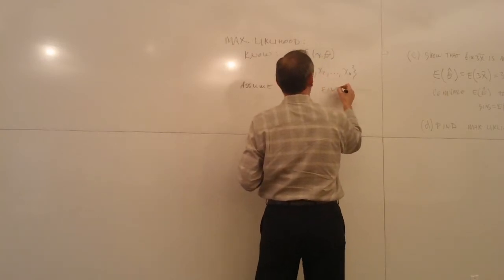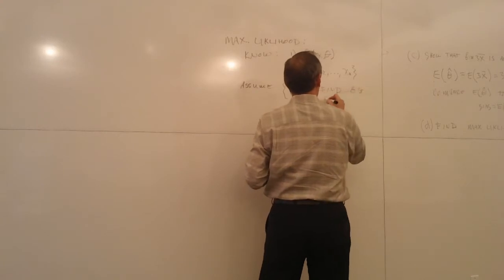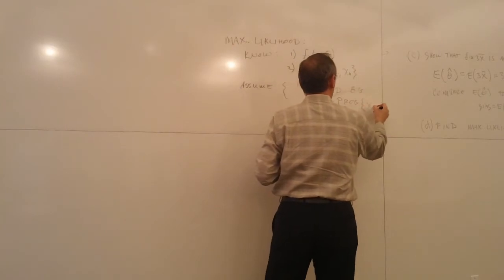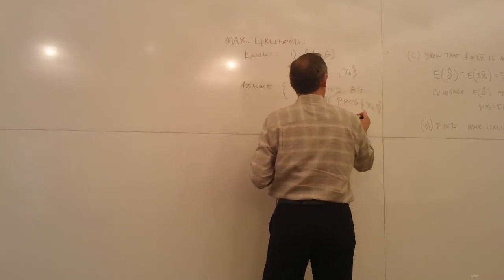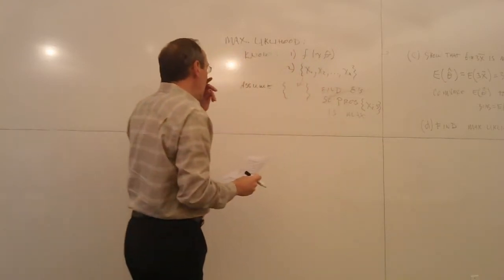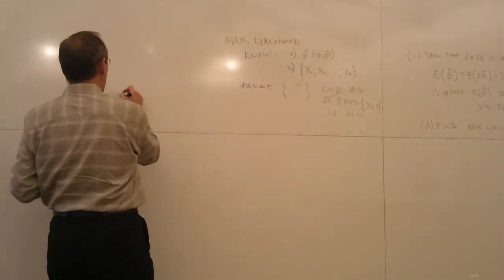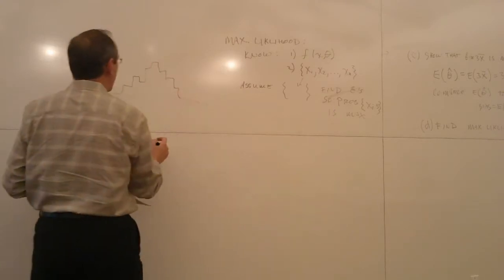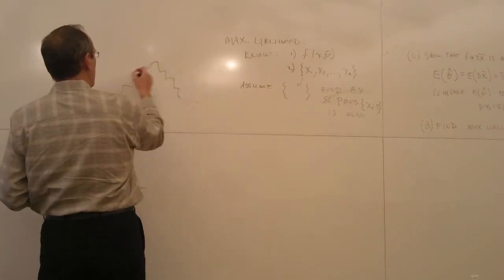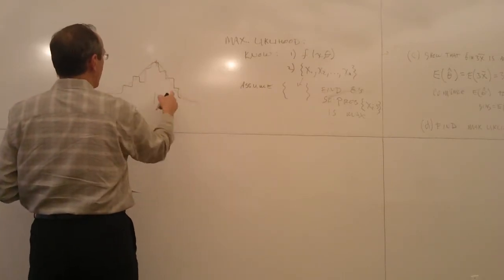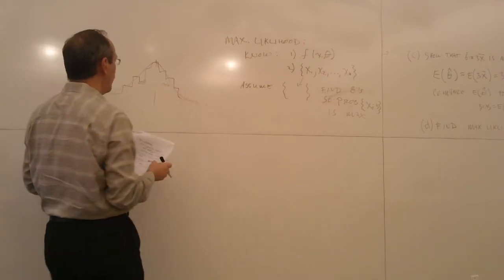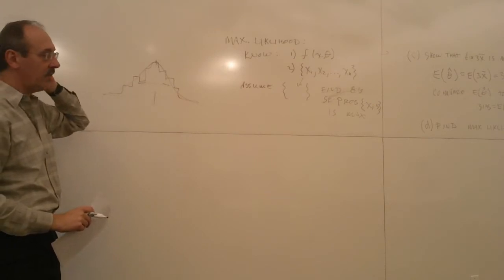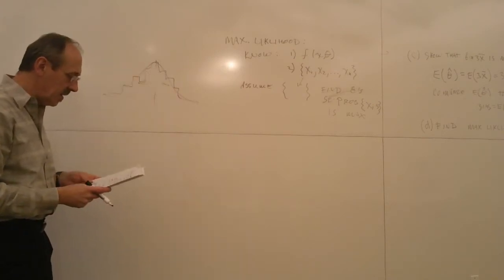So we're going to find our thetas so the probability of our xi's is the maximum. So if I have a sample distribution that looks like this, I'm basically going to fit my normal distribution to this so that the center is about like so, and the standard deviation is about like so, so that it looks like that's the most likely outcome in this case. So that's conceptually what happens.